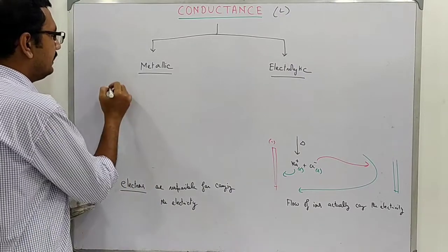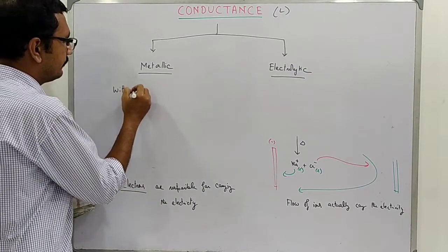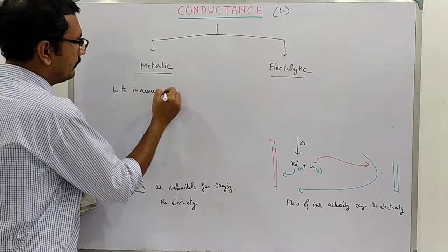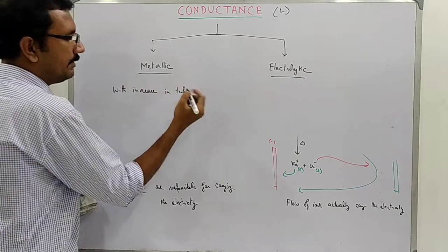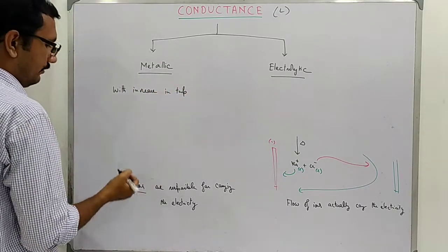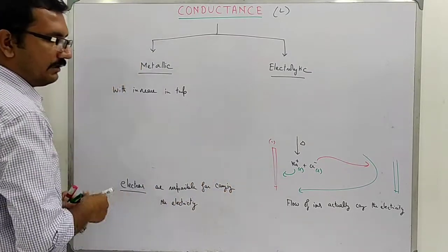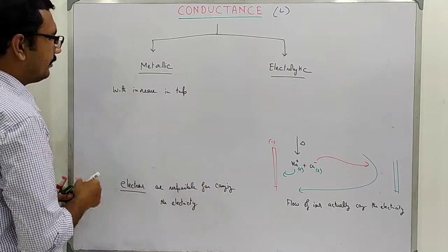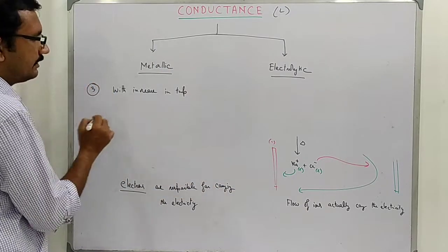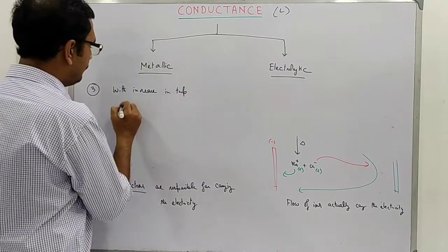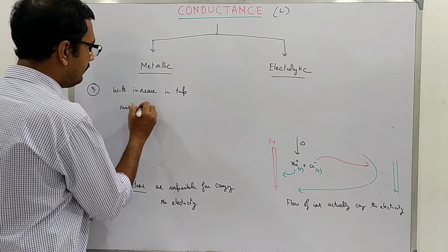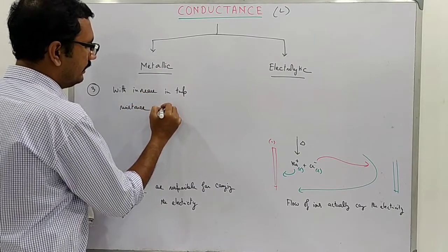So, with increase in temperature, this may be pointed out as the differences. So, the definition was the first point, then I have told you what is the source of resistance, that may be the second point, and this may act as the third point, that with increase in temperature, resistance of metallic conductor increases.